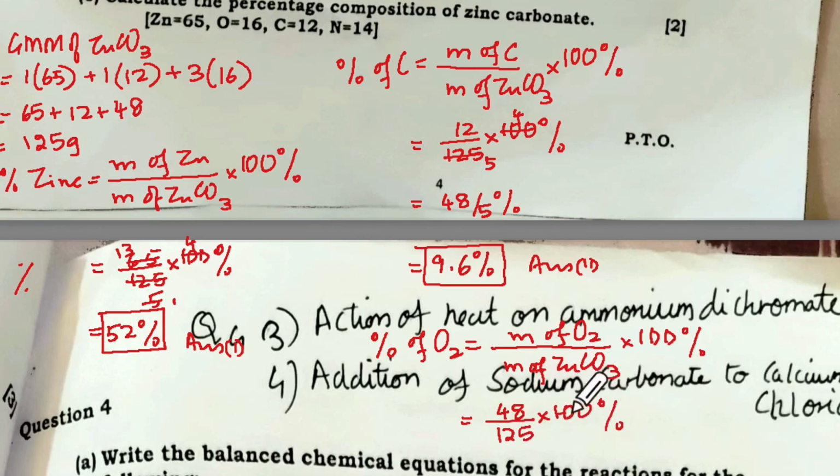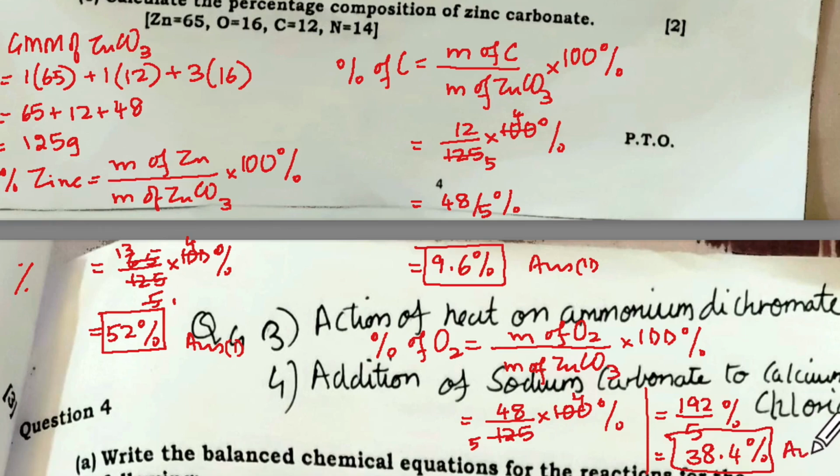Very good. 25 fours and so we are getting 192 upon 5%, which is 5 threes 15, 5 eights 40 and 2/5 means 0.4%, so 38.4%. And this is your answer 3. So the percentage composition is going to be 52% of zinc, 9.6% of carbon and 38.4% of oxygen. Now can you see this is for 2 marks?